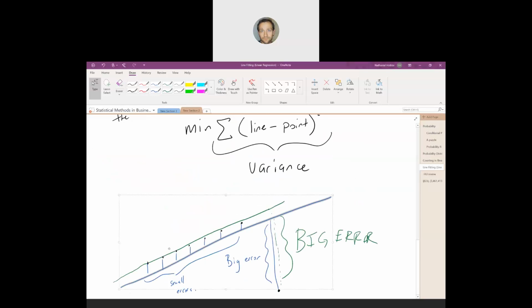Even though it doesn't pass through the majority of points, the total distance could be less than this green line here, the bigger error. In particular, it's squared. So it's not just a distance, it's a squared distance. For reasons we will get into. Maybe not so much today, maybe next time.